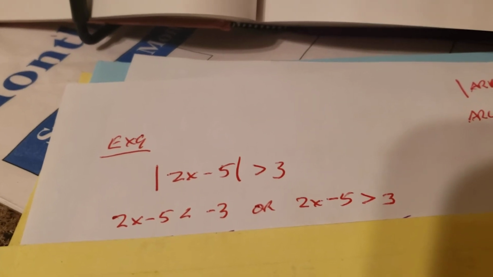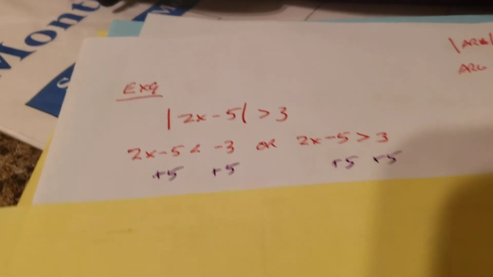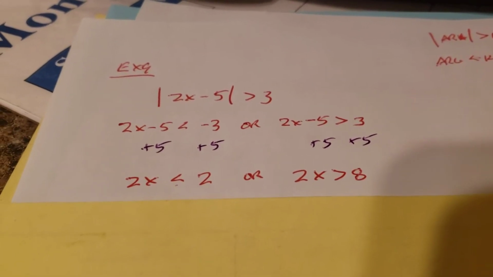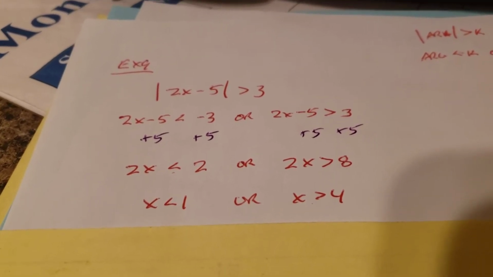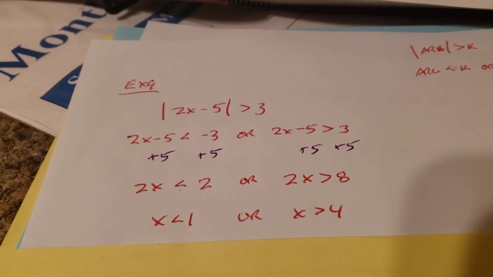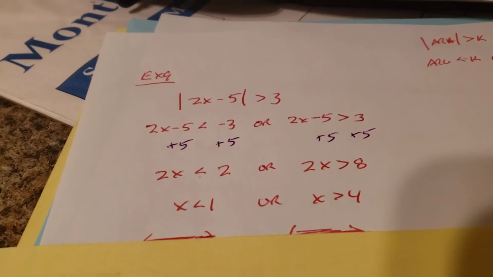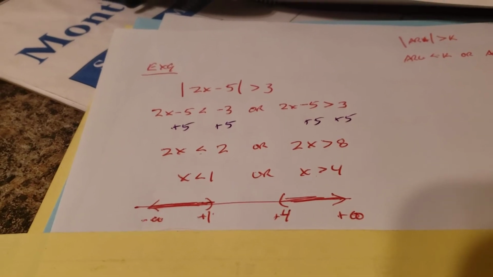And again, this is just a pattern you need to know to fully understand absolute value. Solving each of these, I solved them together here on the same lines, but anyhow, you solve this and you get, this is your final inequality. X is less than 1 or X is greater than 4. I decided to draw this. What does it mean when we say X is less than 1?